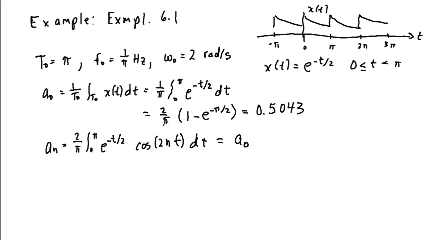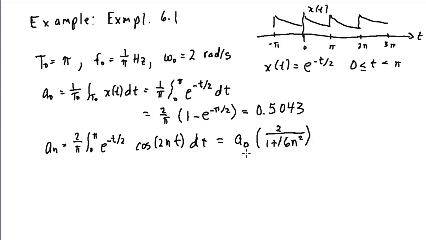It'll actually turn out to be 2 over pi times 1 over 1 plus 16 times n squared for my an coefficients.